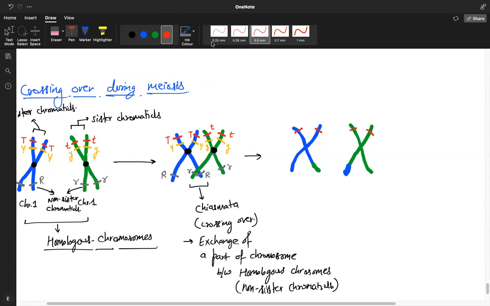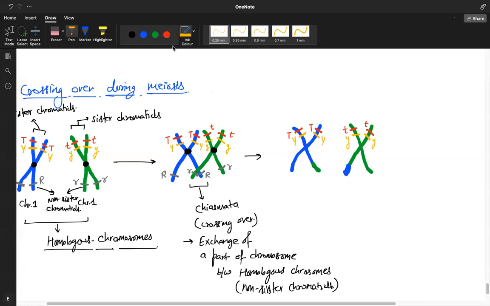Same location the genes will be present. This is capital T, small t, small t. Tell me. Then there will be a yellow one. Capital Y, capital Y, small y, small y.